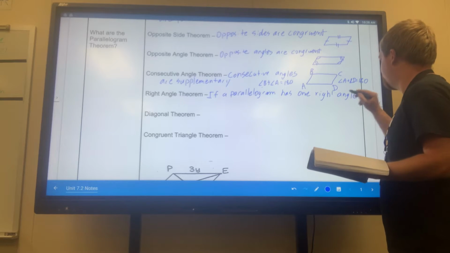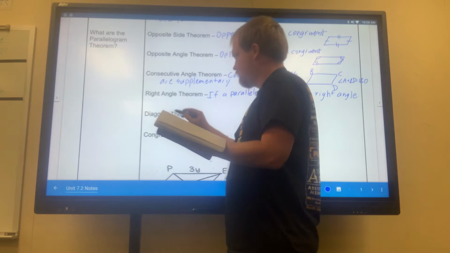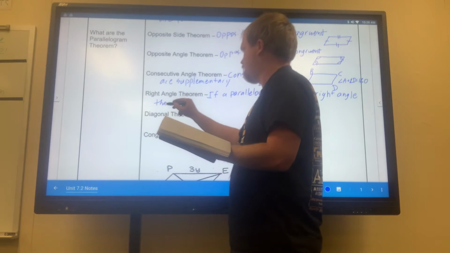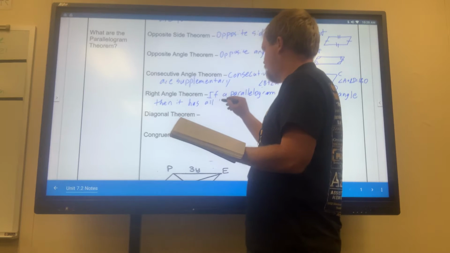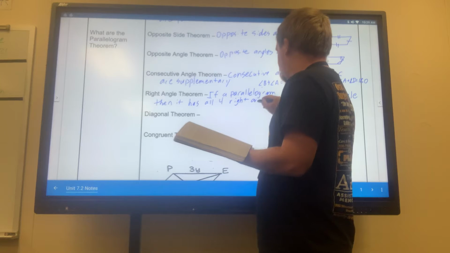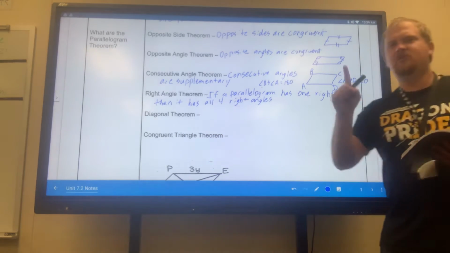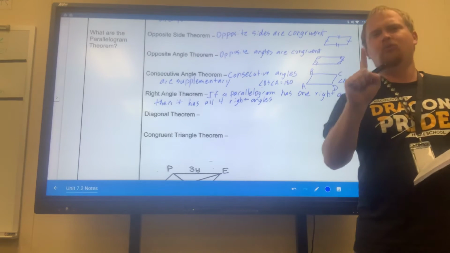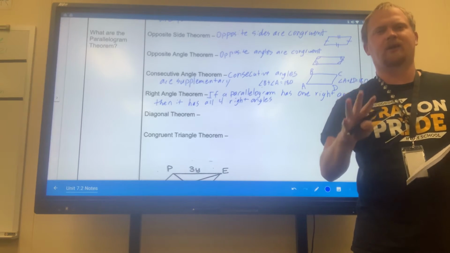I'm sorry, guys. Then it has all four right angles. Okay? So even if it has just one right angle, all four angles are going to be right angles.